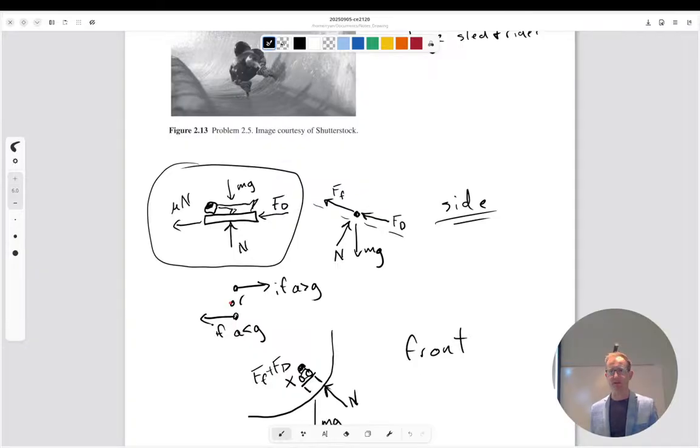It just has to be that if ma is 0, then does it matter which way these vectors are all drawn? No. Why doesn't it matter for a static problem? Nothing's moving. Yeah, so we don't have to worry about changes in momentum, because whether it's a positive or negative change in momentum, it's still 0. Dynamics is a little different. It does matter. You can do it backwards if you want, but it ends up being harder to keep track of which vector is pointed which direction.